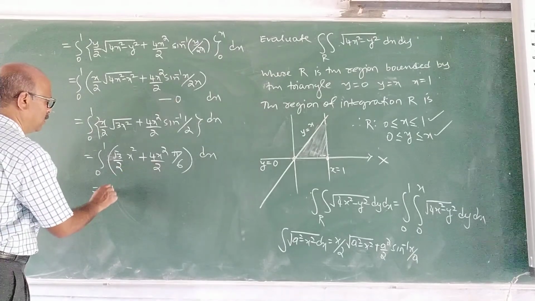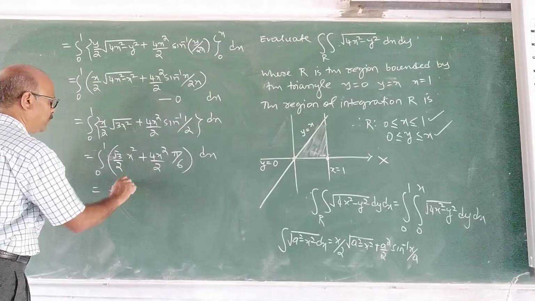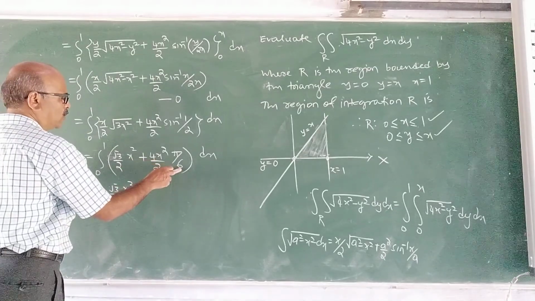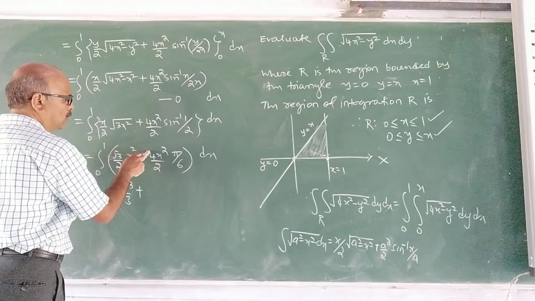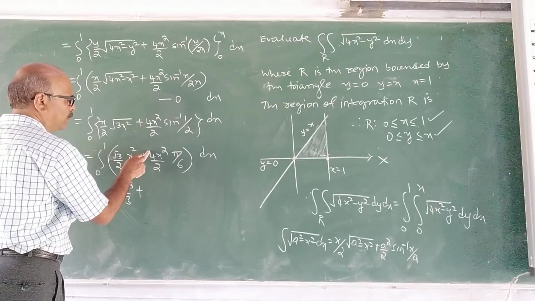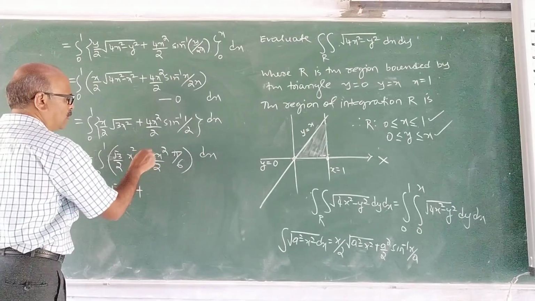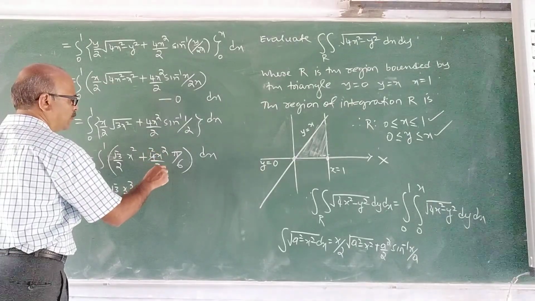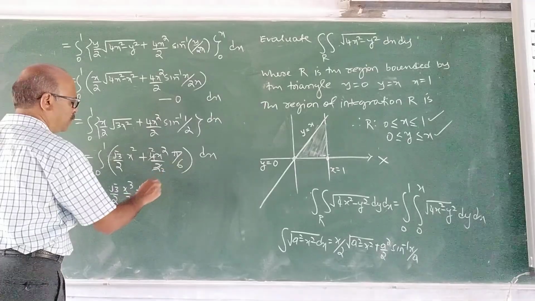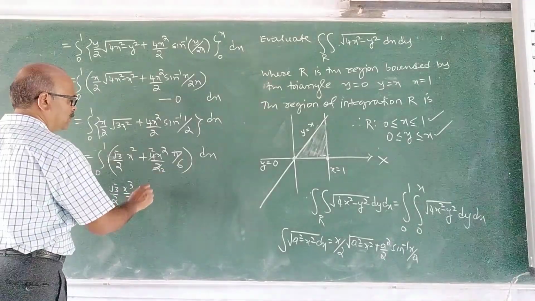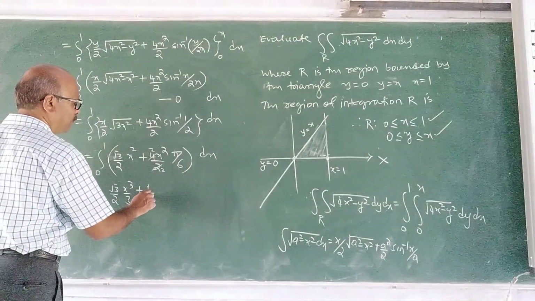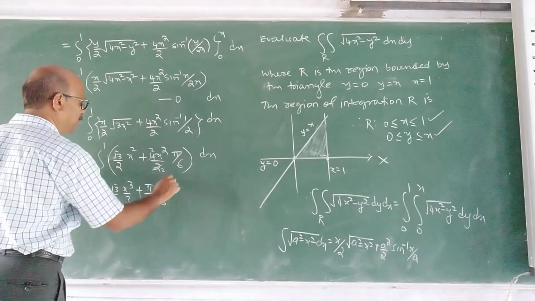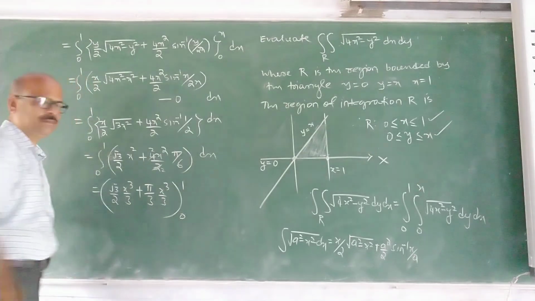Integrate: root 3 by 2 x cube by 3 plus what is the constant? Is it 1 by 3? Pi by 3 x cube by 3, 0 to 1.